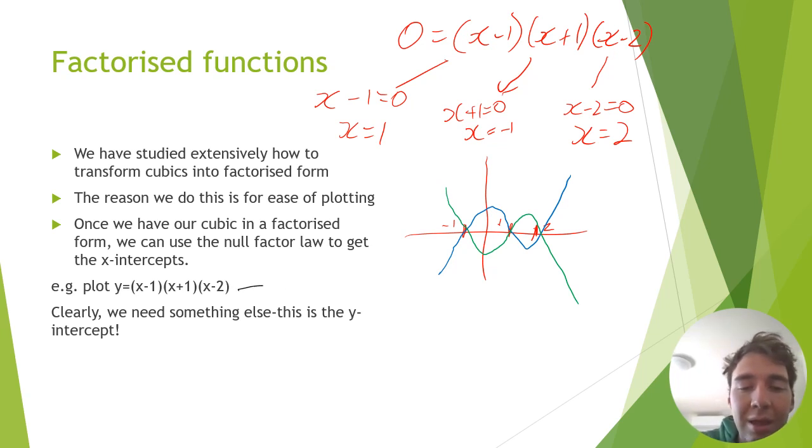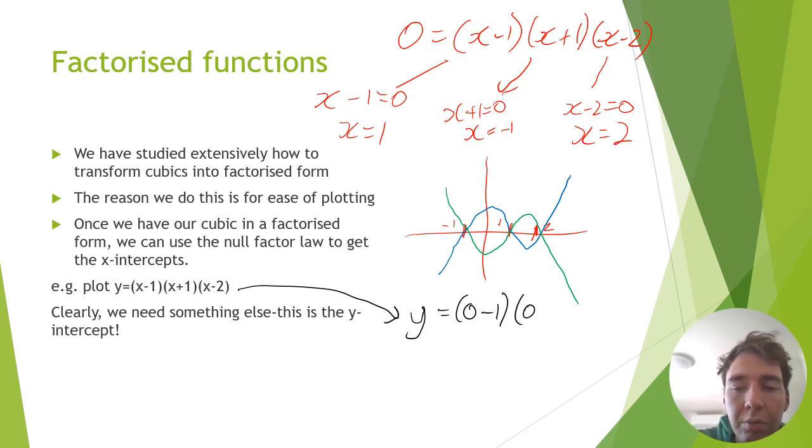So I'm going to take this thing here, and I'll draw a little arrow so we can see where we're going. I've taken the equation, I'm going to say y equals, and I'm going to sub in x equals 0. So 0 minus 1, 0 plus 1, 0 minus 2. And then we're going to get minus 1 times negative 2, which is going to give us positive 2.